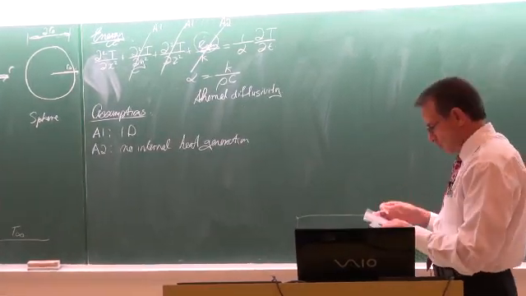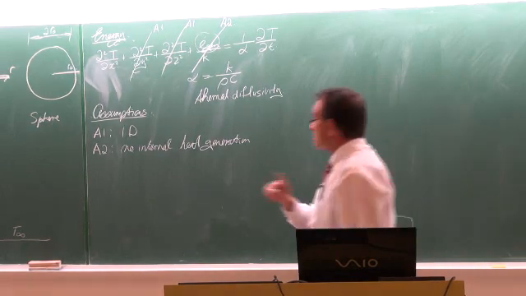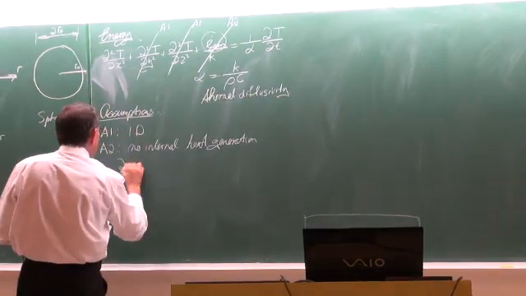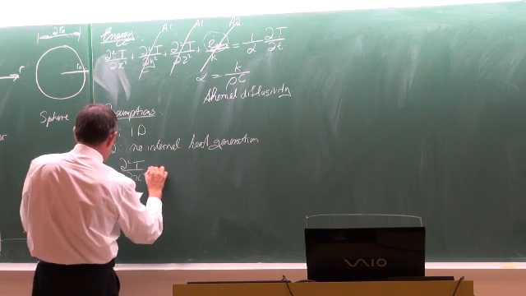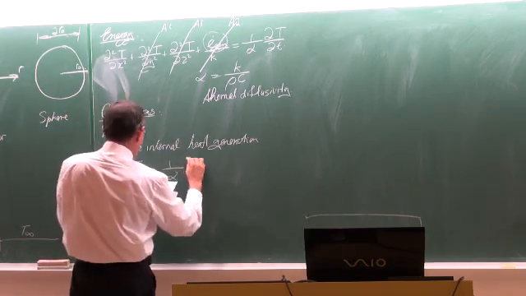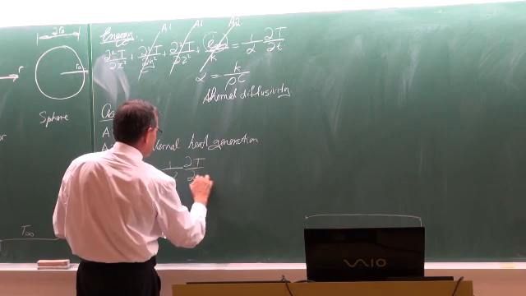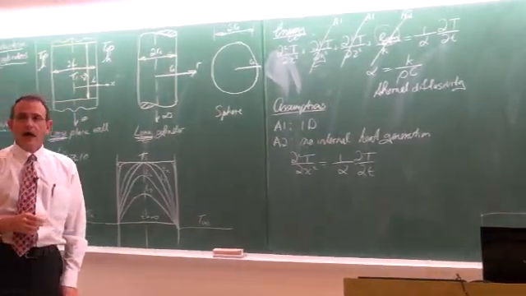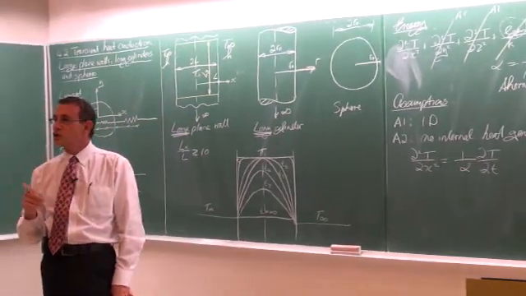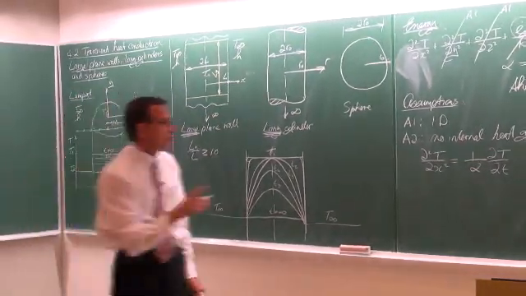So that term is also equal to 0. So the result is that we end up with partial d2T dx squared is equal to 1 divided by alpha dT dt. And we need to solve this problem with certain boundary conditions which are known.